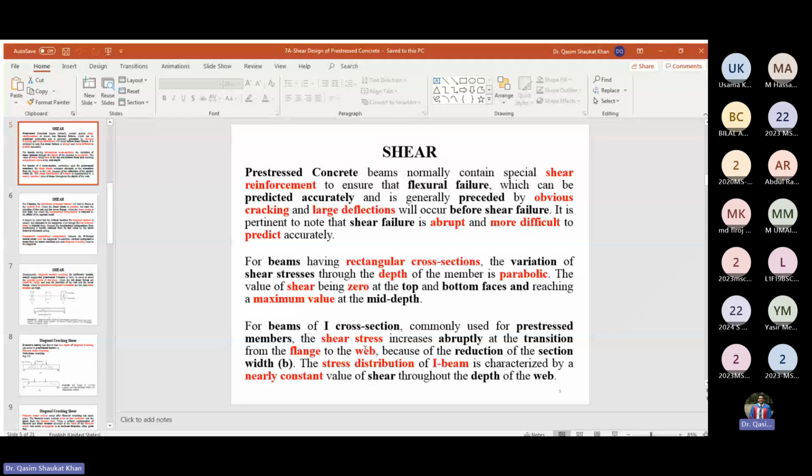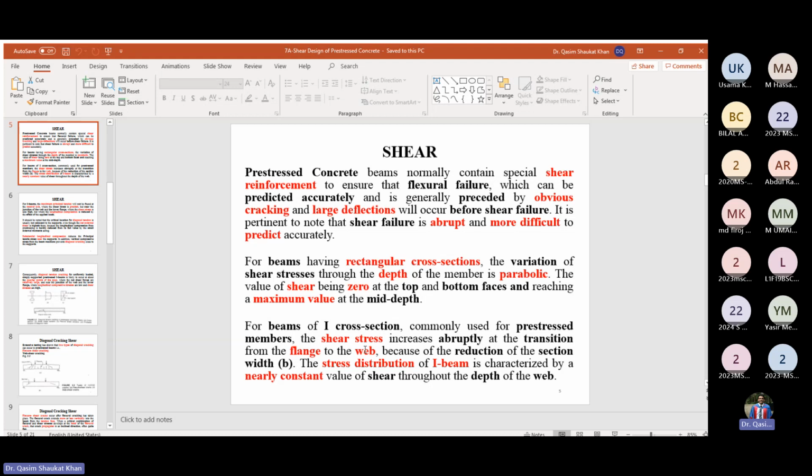When the width of the section reduces, the shear stresses will increase, because the width is in the denominator in the formula. So the shear stress increases abruptly at the transition from the flange to the web because of the reduction in the section width.